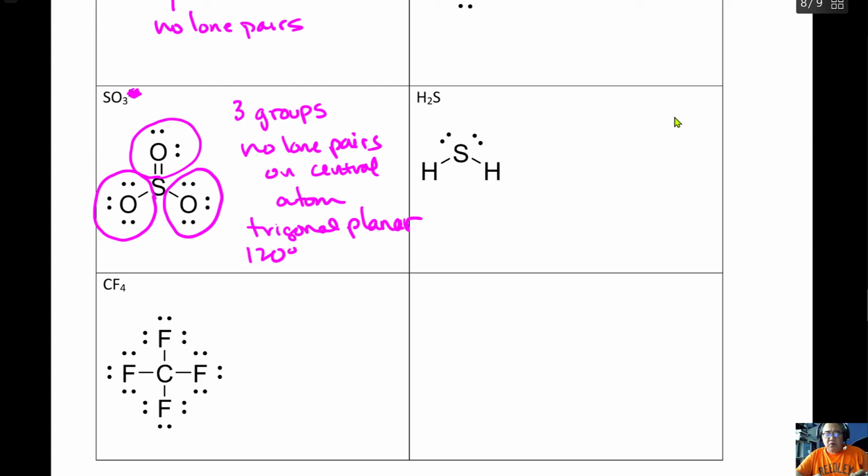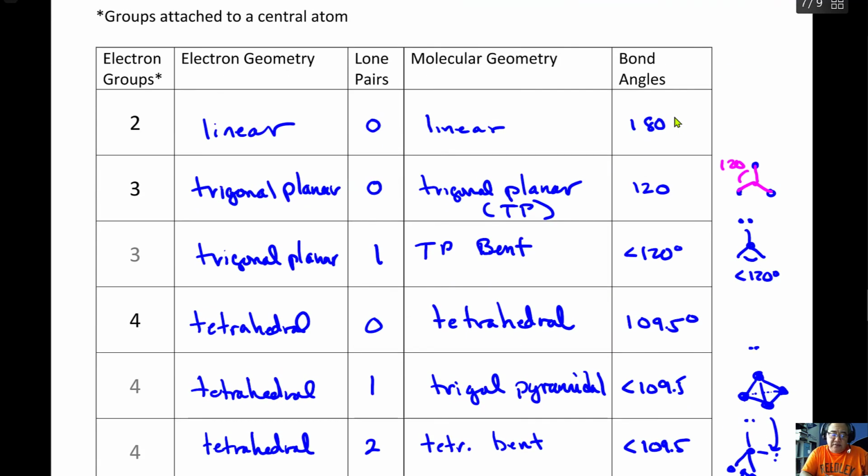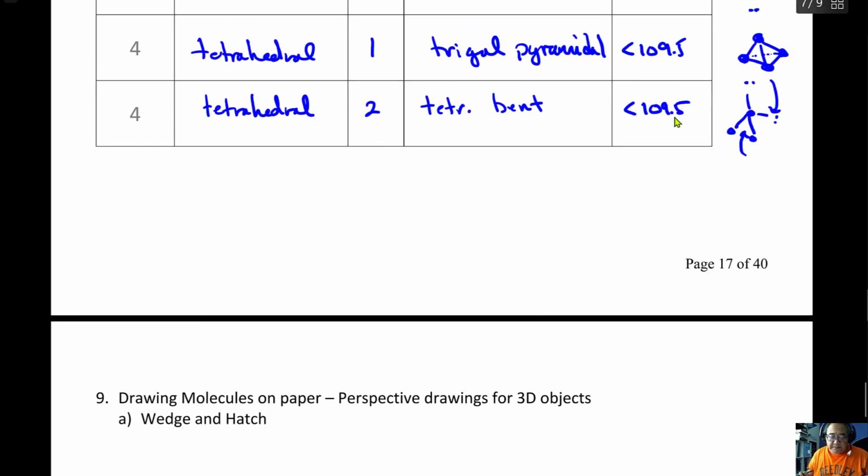Now, let's scroll back up. Three groups, no lone pairs, right? So I have three electron groups, 0 lone pairs. So that's where I would look if I had the table. And of course, you're taking this task basically as a take-home. Have the table, draw the structure and have the table in front of you, right? And then use that to get the shapes and the angles.